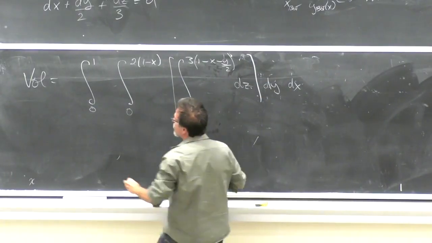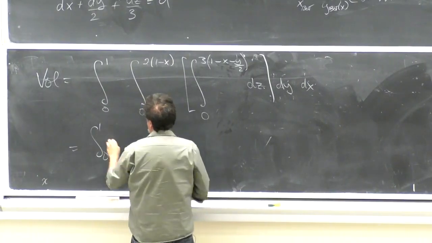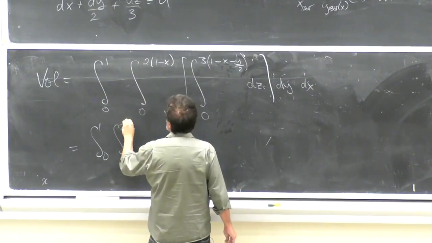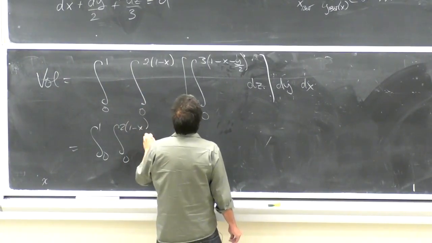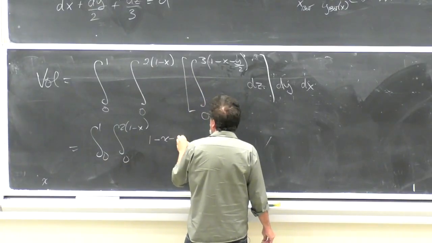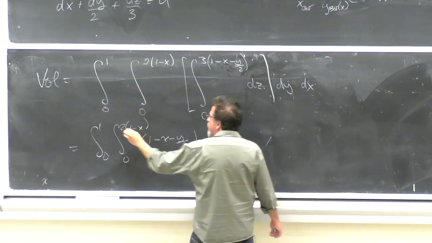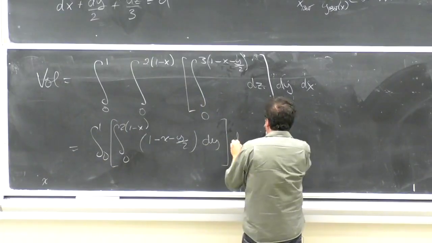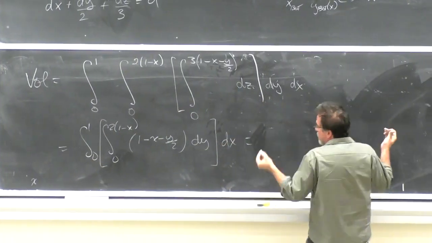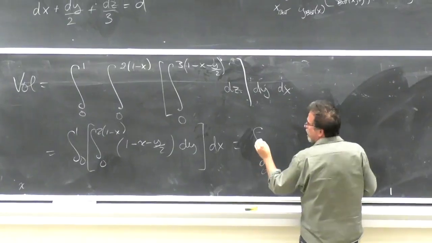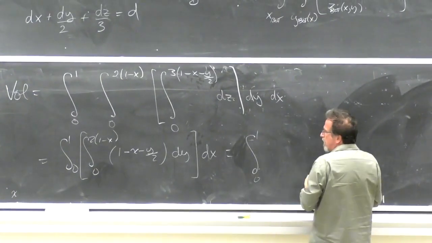And so this first integral is trivial. It's the integral from 0 to 1, the integral from 0 to 2 times 1 minus x, of 1 minus x minus y over 2. Then I have to integrate that with respect to y. And then I go ahead and integrate that with respect to x. And now I have to remember how to integrate polynomials. Good luck to me there.